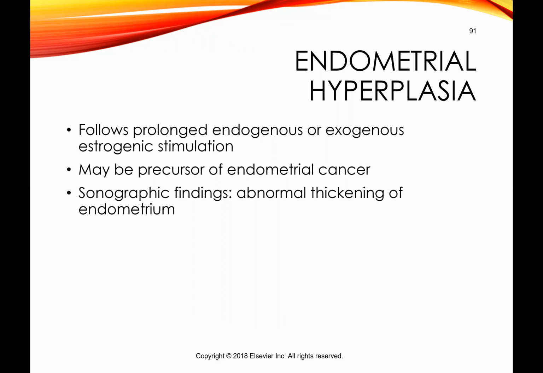A lot of the time, even if there's not a polyp in the endometrium, you're still going to see that the endometrium is extremely thick, probably around 2 centimeters, and that could be a possible reason why the patient is having heavy bleeding, because the endometrial tissue has grown beyond what it should, and it's not getting shed as it should every single month. So a lot of the time if it is very thick, they can do a D&C, where they go in and remove some of the endometrial tissue under anesthesia.